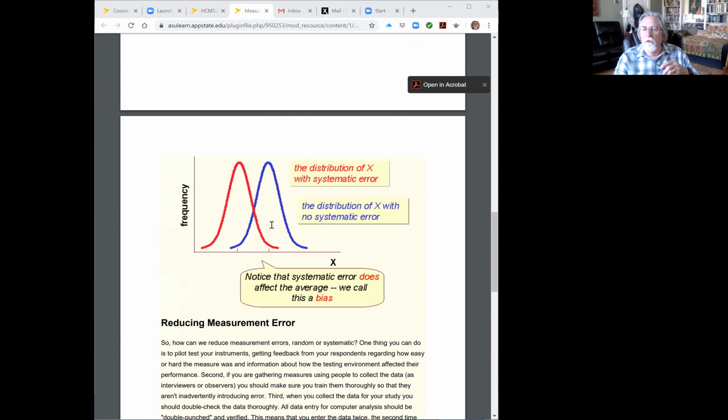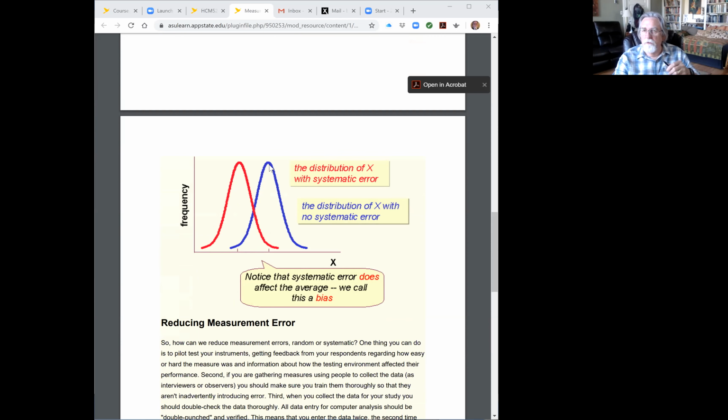And we also know that systematic error is also normal. That's this red curve here. But it does affect the average. In this case, it's below the average of the distribution without any systematic error, the distribution with just random error.